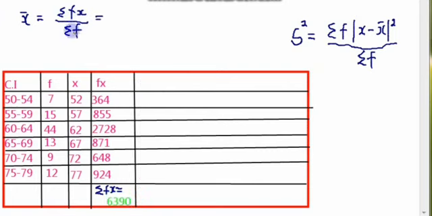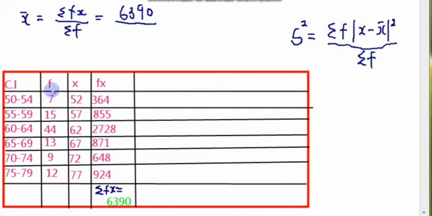The next thing we have is to compute our mean. Having known that summation fx is 6,390, this will be divided by summation f.